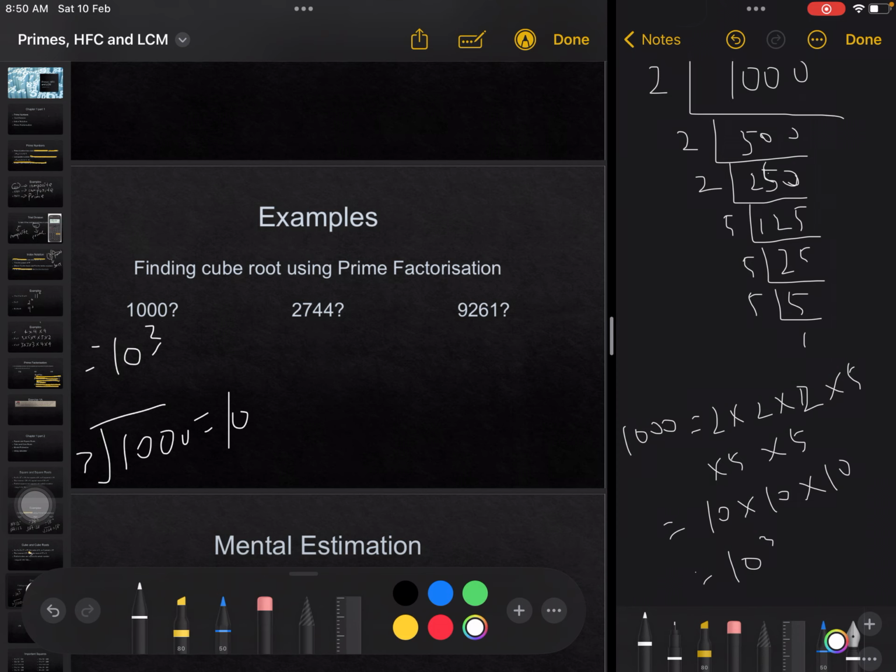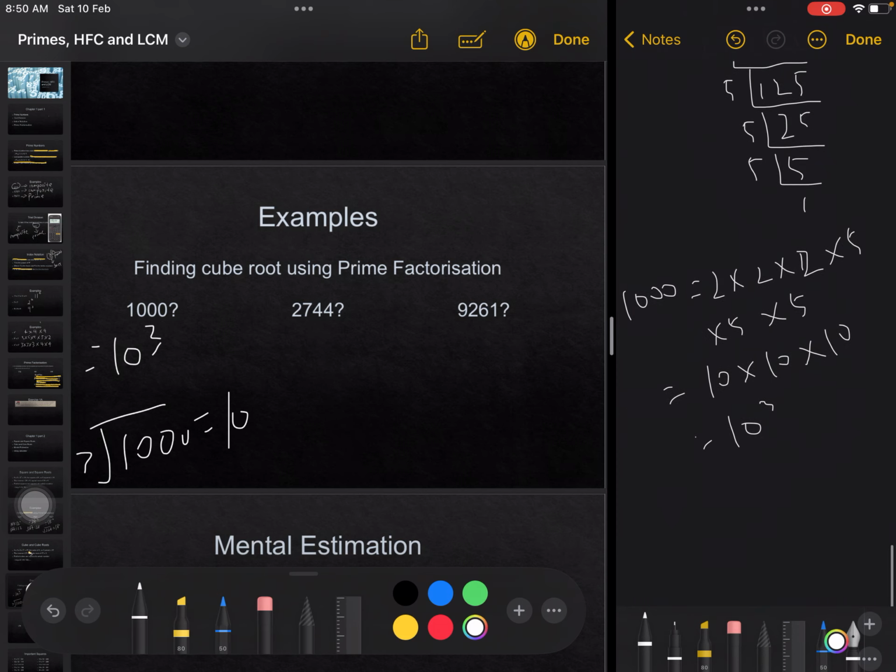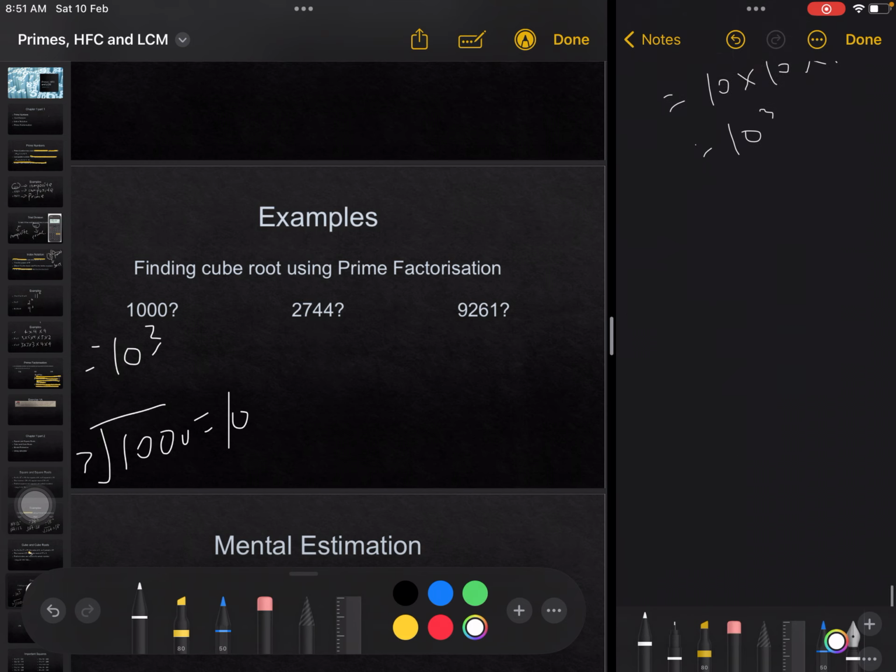Right, got it? So next. How do I get this? The 2 pairs with the 5, another 2 pairs with the 5, and another 2 pairs with the 5. So we have 10 times 10 times 10. The number times itself 3 times is cube. Next, do the other one.